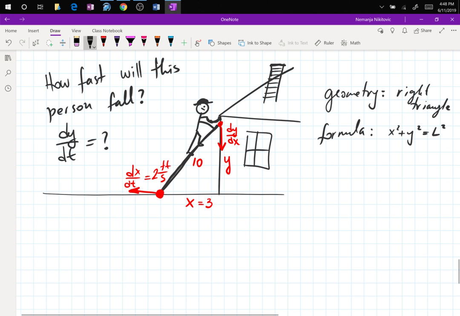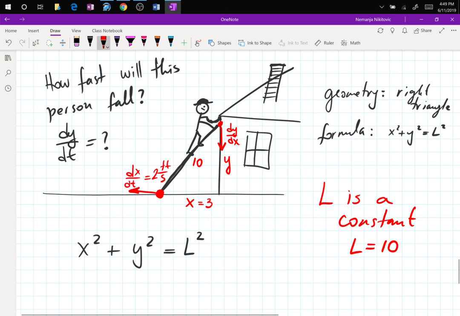So this is what we have, and we start by taking the derivative, but there is a very important feature of this problem that you need to consider, and that feature is that, I'll write it in blood, L is a constant.